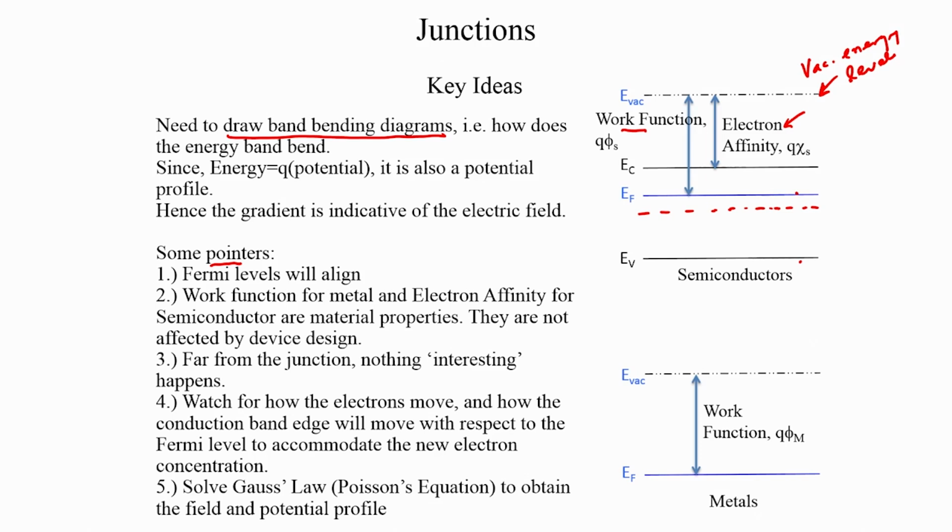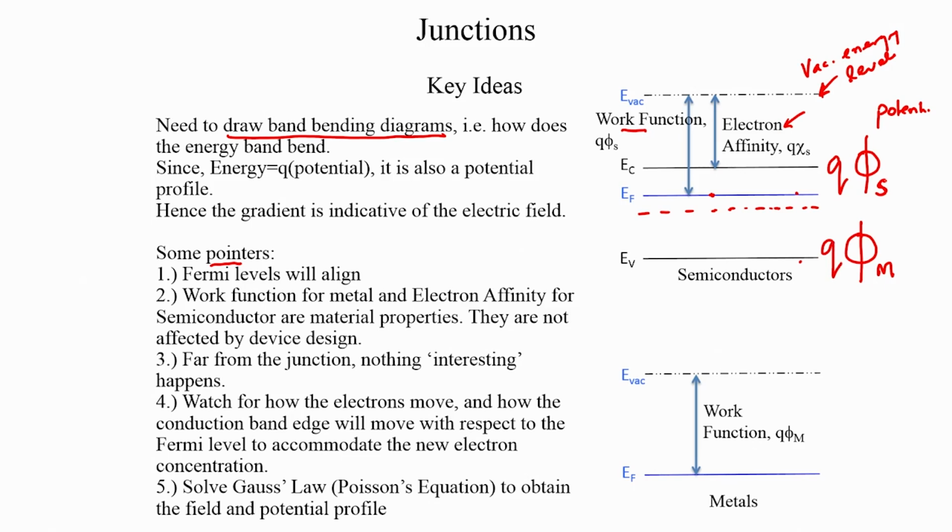The work function is the difference between the vacuum energy level and the Fermi level of the semiconductor. We typically represent the work function by the Greek letter phi, with the subscript S for a semiconductor and the subscript M for a metal. Phi is the potential, and the energy is simply q times phi.